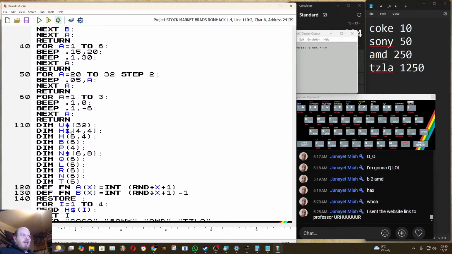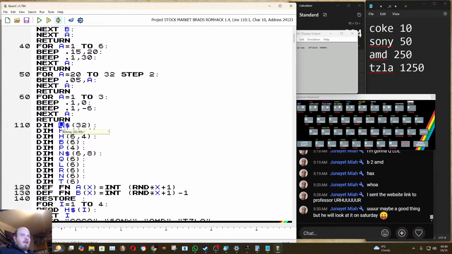However, you see here where it's an array of 32, this number of 32 here is affecting this, right? And then this H number is looking at these 4 and 4.